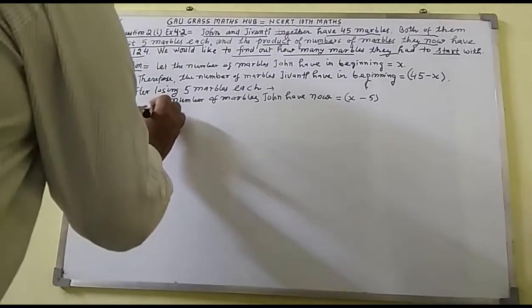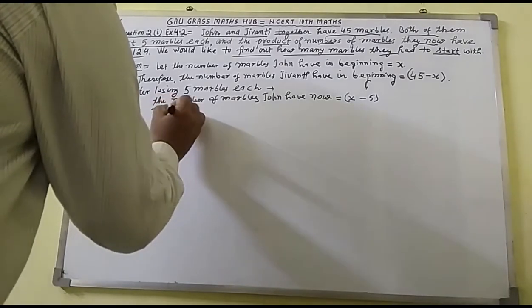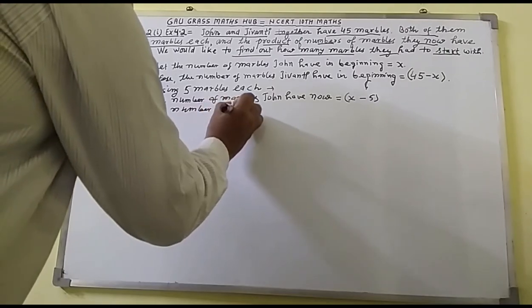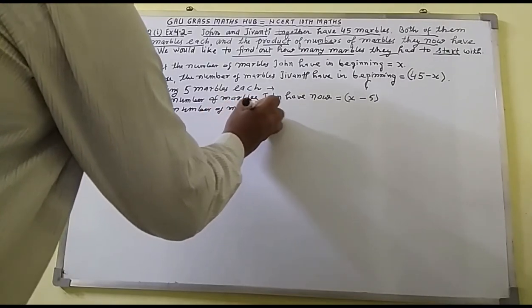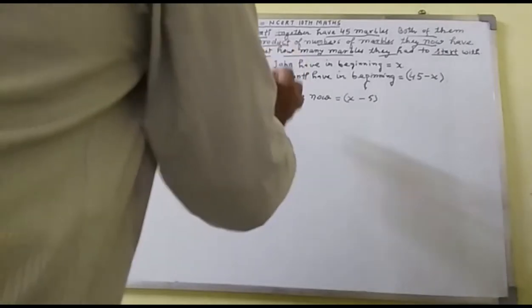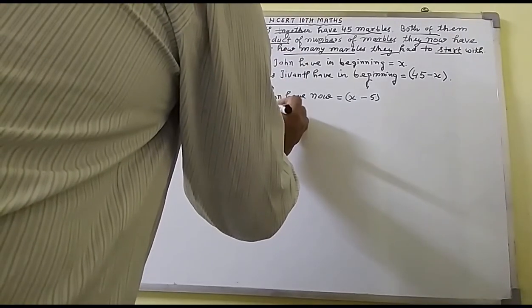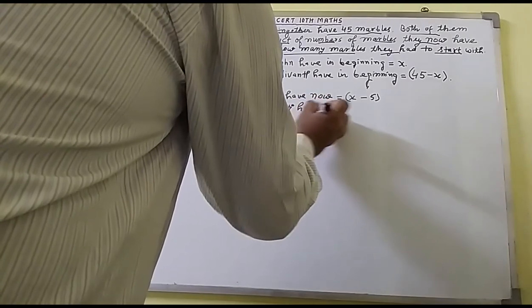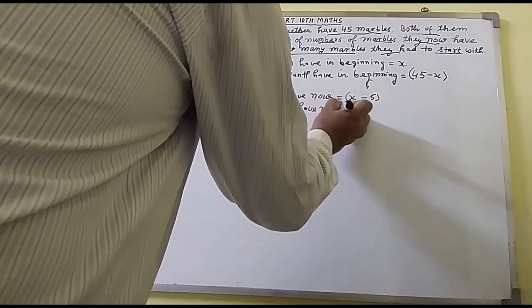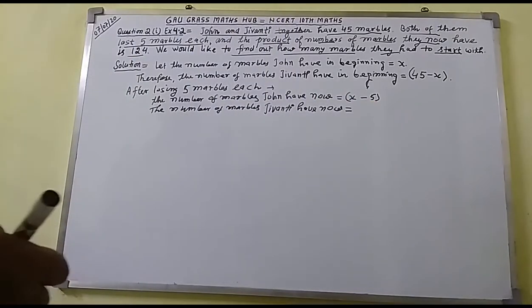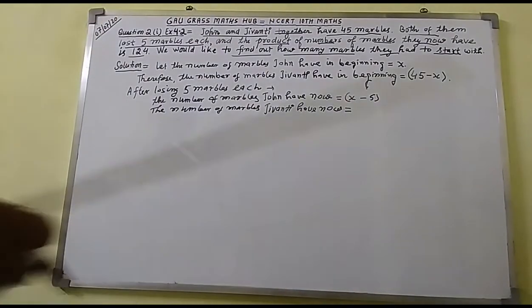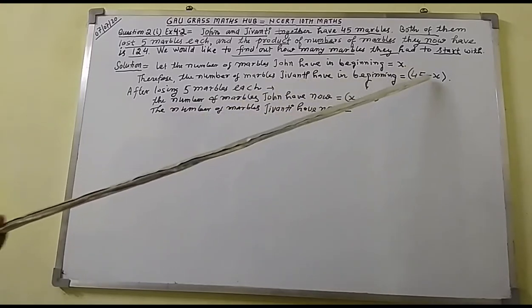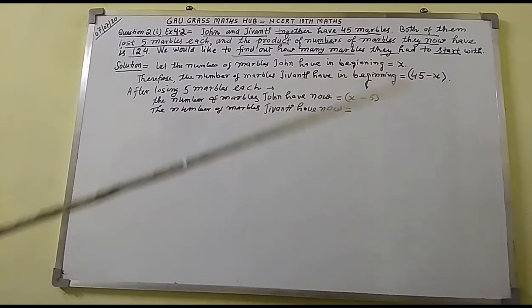And similarly, the number of marbles Jivanti has now equals, here you can see Jivanti had 45 minus x marbles in the beginning.